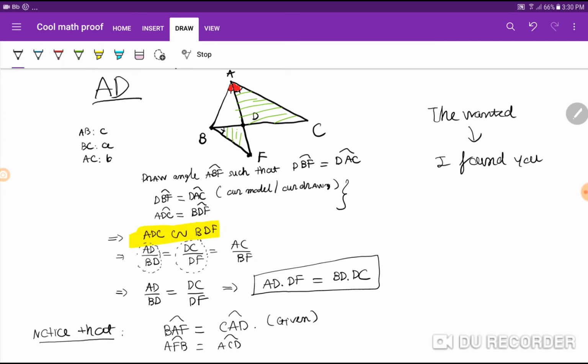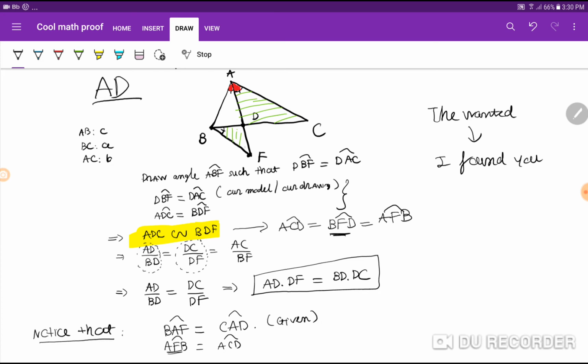ADC similar to BDF. So you will have ACD equal to BFD. You have to write in the right order, okay? ACD and then BFD. And BFD and AFB is the same thing.